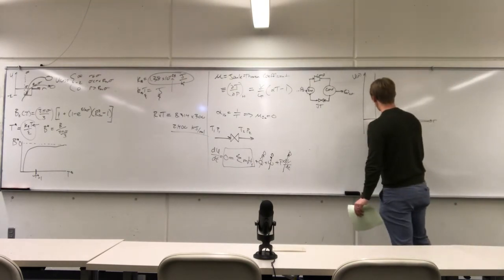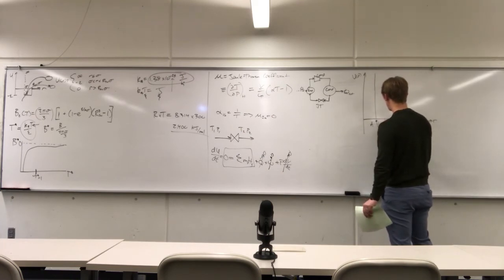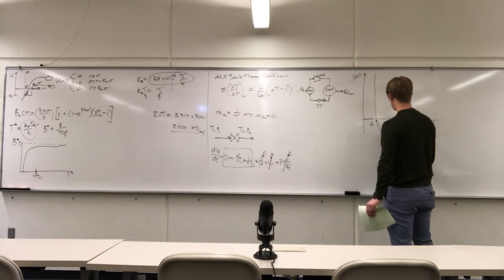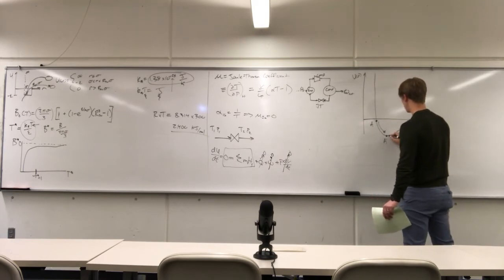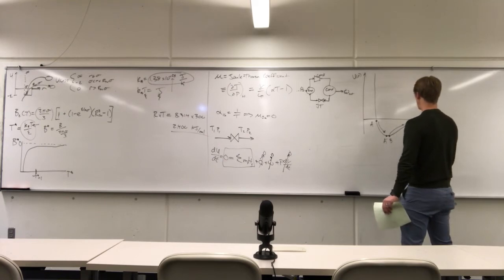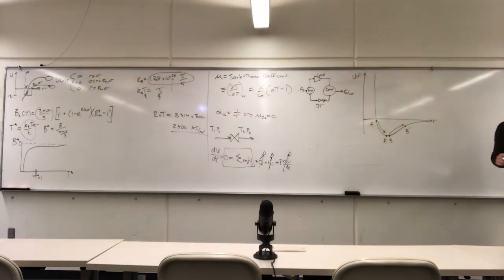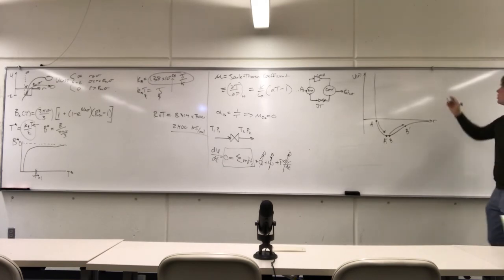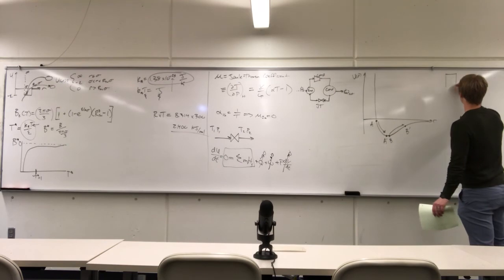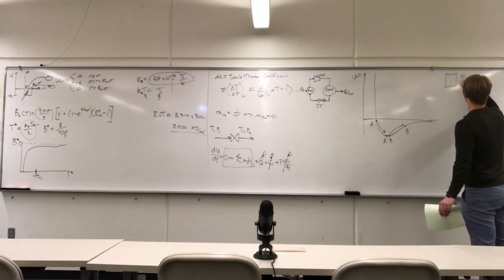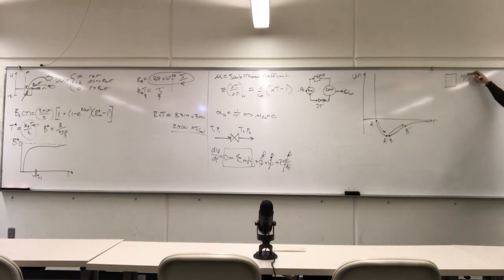Now, my question to you is, I have 2 points, A to A prime, or B to B prime. We can imagine this, right? Imagine that we have a box with a particular density, a certain number of particles over a certain volume.